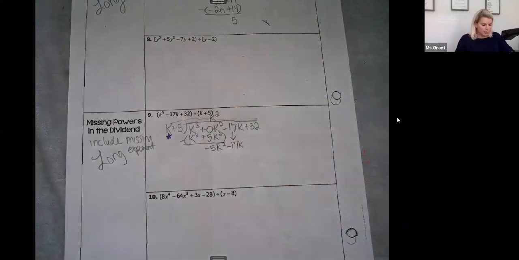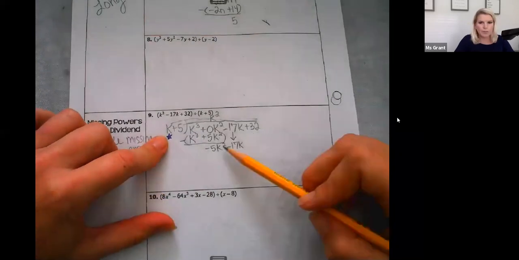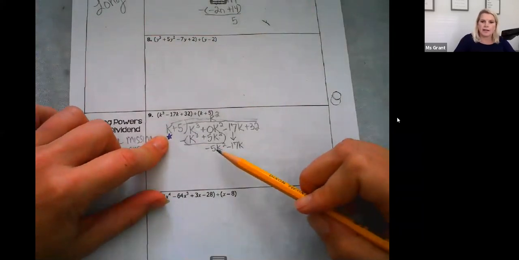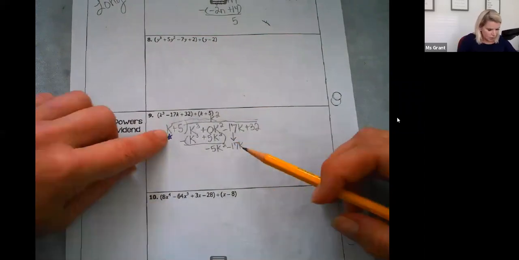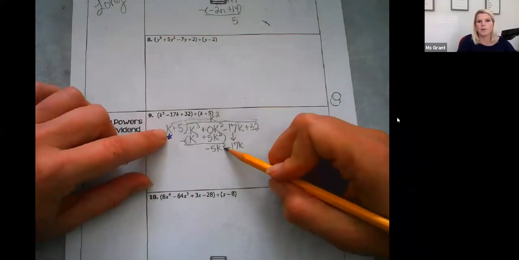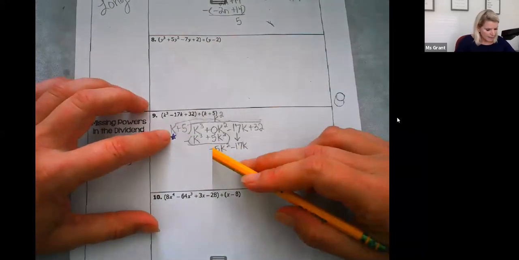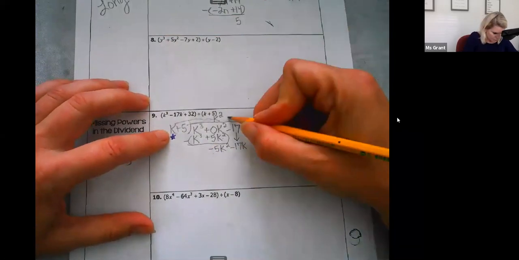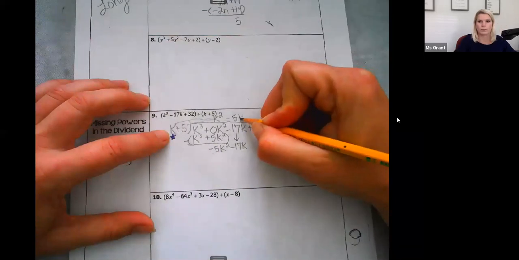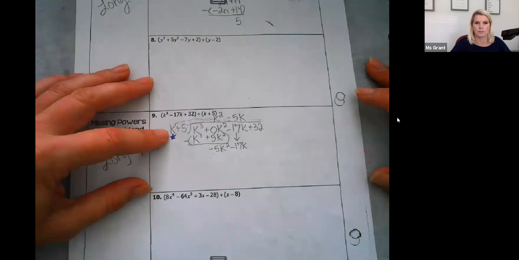Now I do my purple, the first k, divided by just the negative 5k squared. So how many times does this k in front go into negative 5k squared? I'm only worrying about the first terms. K goes into negative 5k squared negative 5k times.